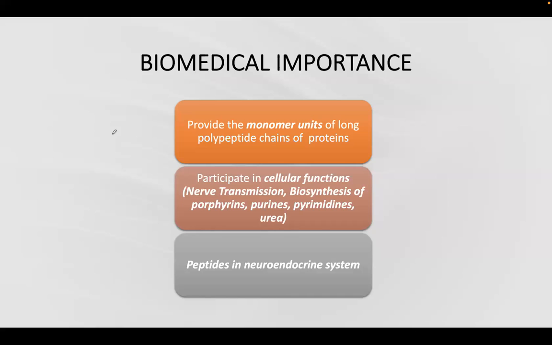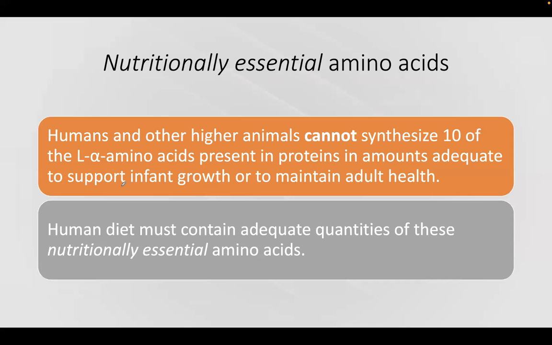They are also important in the synthesis of purines and pyrimidines, as well as urea. Amino acids also play a very important role as peptides, which are part of hormones, so they play a role in the neuroendocrine system.